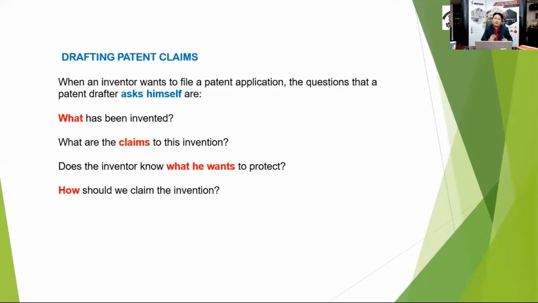When I mention claims, it doesn't mean anything to do with money or the legal side. I mean the claims are the technical boundary of your invention. Does the inventor know what he wants to protect? You must be very certain about what you need to protect, and how we should claim the invention.